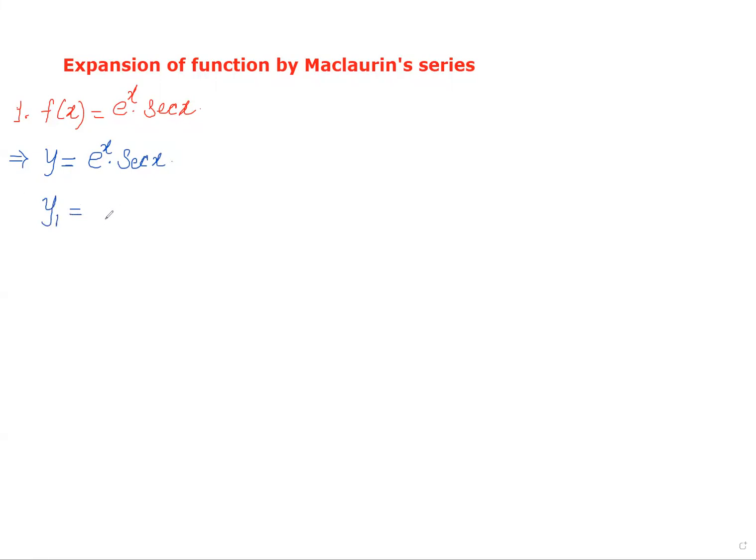Y1 is equal to, apply the u into v rule. So e raised to x into sec x as it is, plus e raised to x as it is, derivative of sec x. It is sec x tan x.